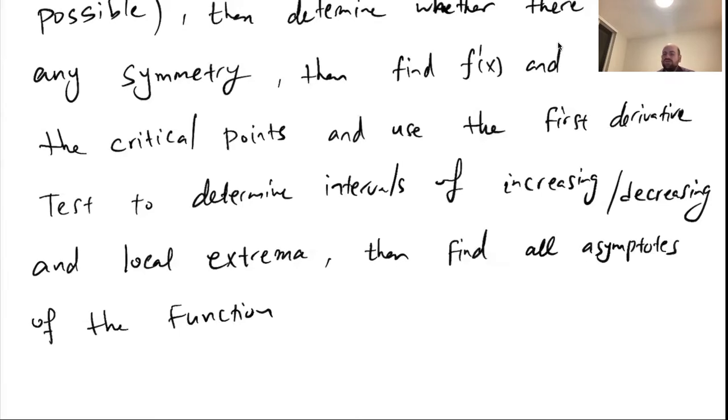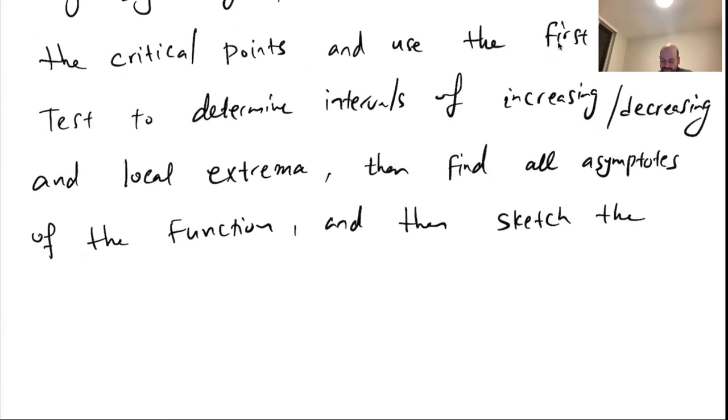If you have a rational function and the degree of the top is 1 more than the degree of the bottom, then you can have an oblique asymptote. But other than that, you have to find horizontal and vertical asymptotes. And that's it. And then sketch the graph of the function.